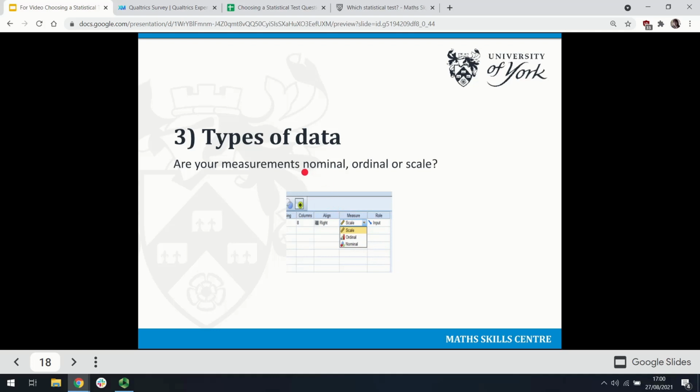I'm going to stick to those types of data, although there are other names for these terminologies. I'm going to talk about nominal, ordinal, and scale data. Nominal is sometimes called categorical data, and scale is sometimes called continuous scale data. So we need to identify what type of data our measurements are.